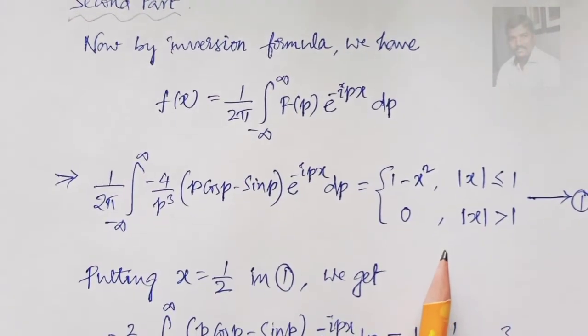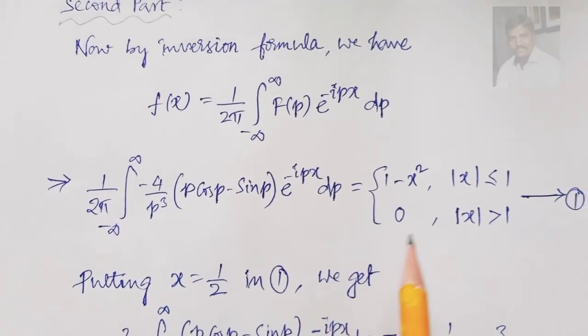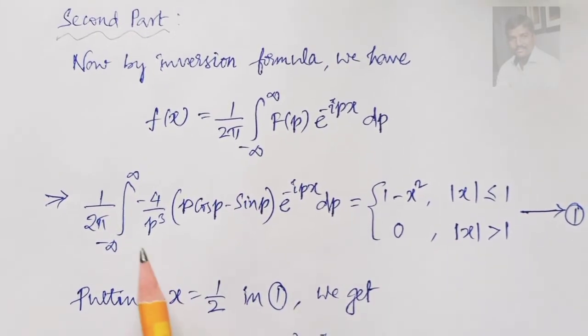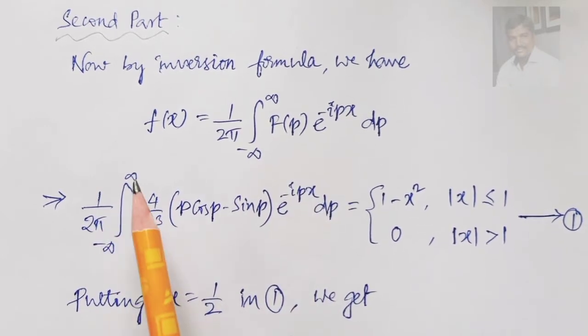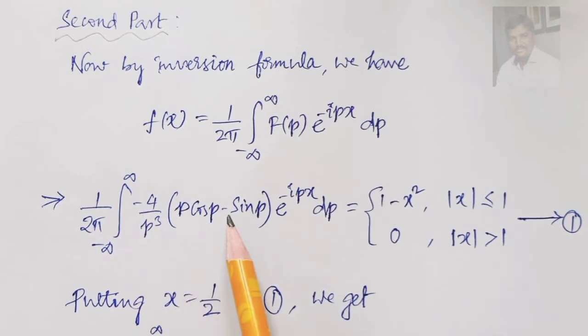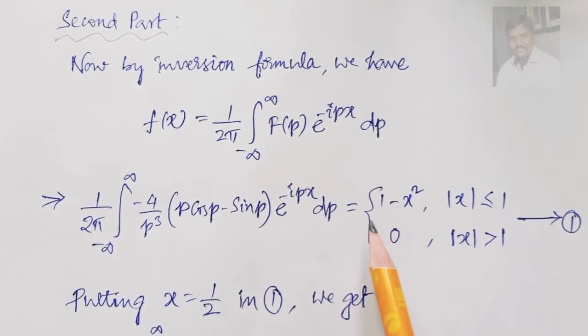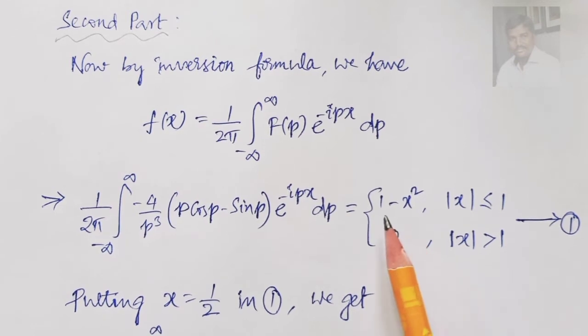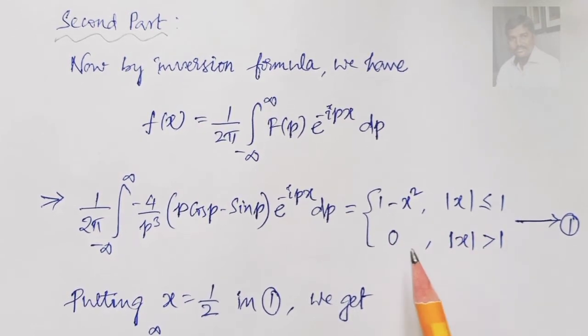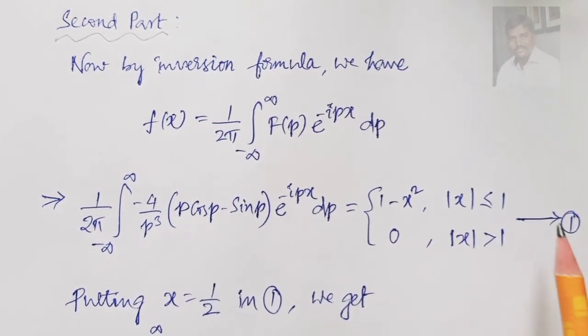Now applying this, capital F of p is what we just found: 1 by 2 pi integral from minus infinity to infinity of minus 4 by p cube, p cos p minus sin p, into e power minus ipx dp is equal to f of x, which is the given function: 1 minus x square for mod x less than or equal to 1, and 0 for mod x greater than 1. Let this be equation 1.